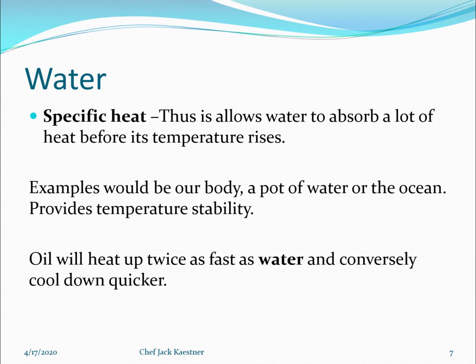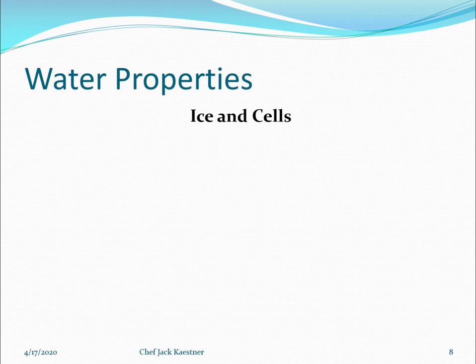So it takes on a lot of BTUs before it changes from 52 degrees to 53 degrees, which helps maintain our bodies. It also keeps the ocean at somewhat stable temperatures. And oil will heat up twice as fast as water, and conversely, it'll cool down quicker. That's why a pot of water takes a long time, and that's just the chemical nature of water, which is good.